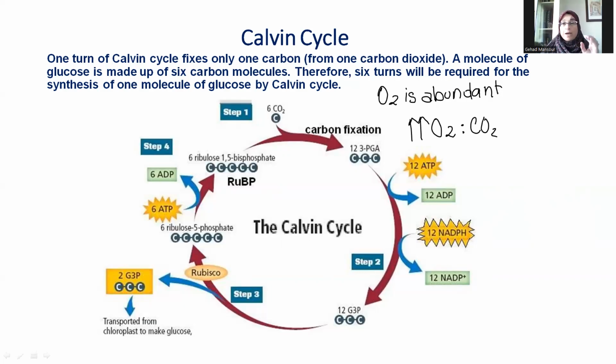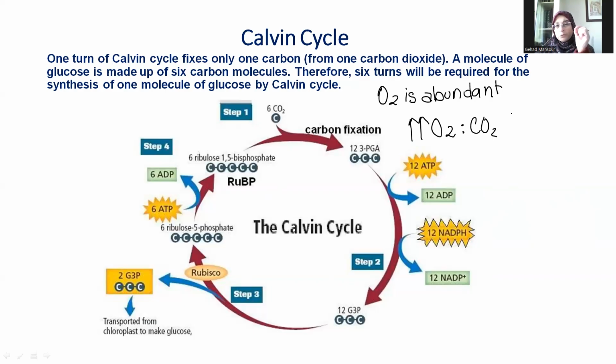Usually we have a small amount of carbon dioxide. You know that oxygen forms like 70% of the gases in the atmosphere. Carbon dioxide forms a very small percentage. I don't remember, it might be 0.3%, but the ratio is essentially a very great ratio.